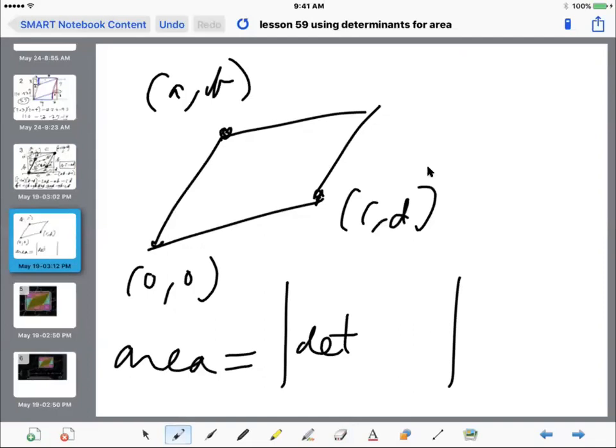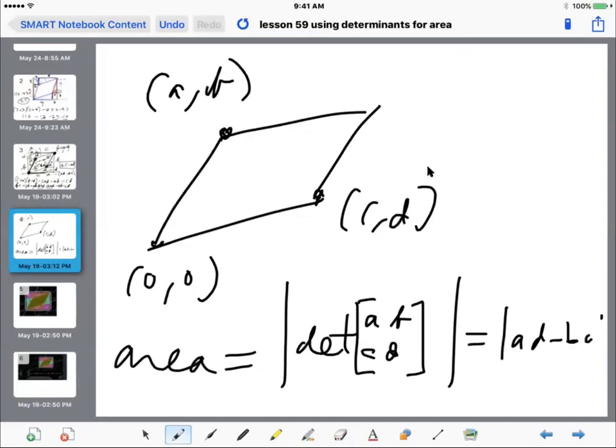Yesterday, when we learned determinant, I didn't write the letters DET, it was just implied. But since there's an absolute value around it, I'm going to write determinant of. You write it like this: A, B, C, D. Which ends up being the absolute value of AD minus BC.